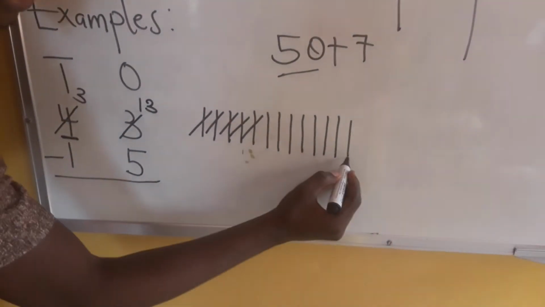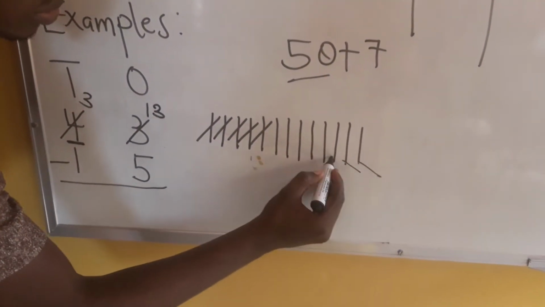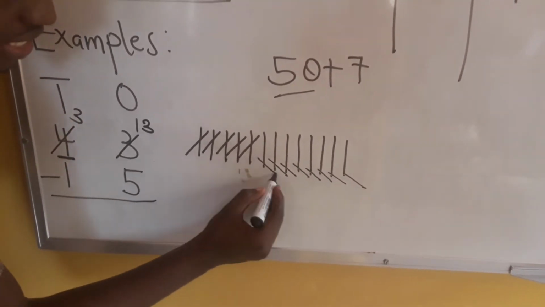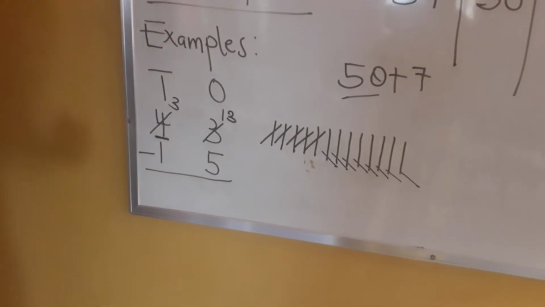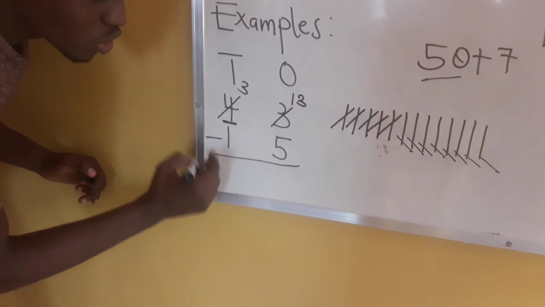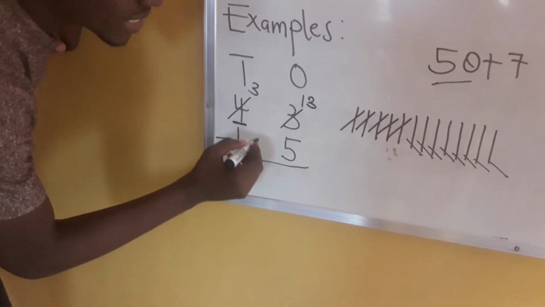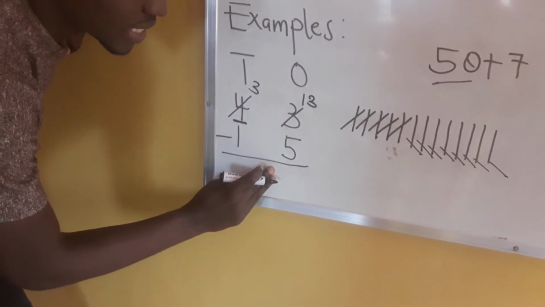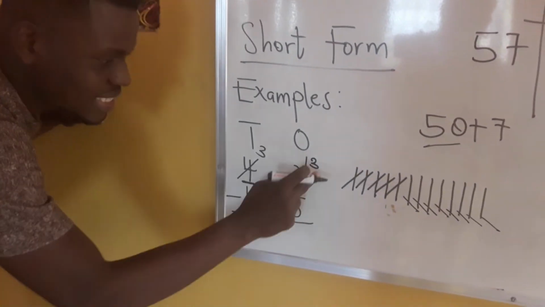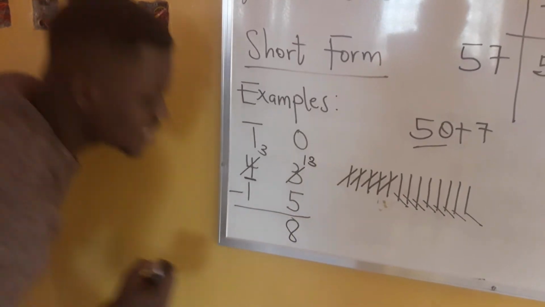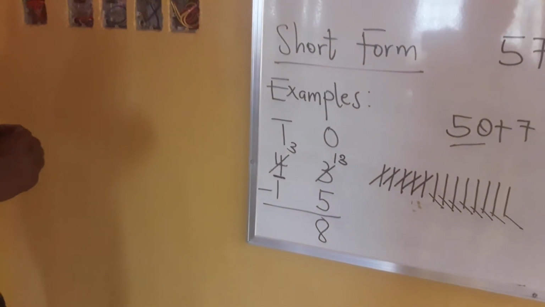Let's count. 1, 2, 3, 4, 5, 6, 7, 8. We have 8 left. So where do you write it? Do you write it here? No, I told you, anytime you subtract, write the answer under what you have subtracted. So 13 minus 5 is 8.